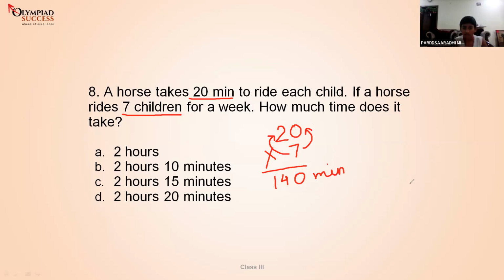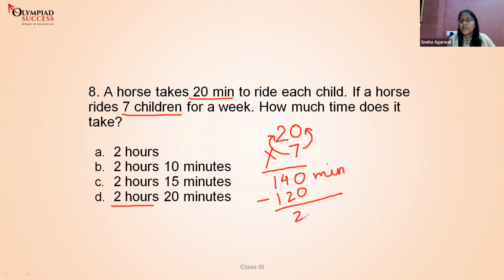Yes, ma'am. Now, if you have 140 minutes over here, you know that 60 minutes makes 1 hour, right? Yes, ma'am. So 120 minutes makes 2 hours, right? So you got over here 120 minutes makes 2 hours. Now if you subtract 120 minutes from it, which is already 2 hours, how much time are you left with?